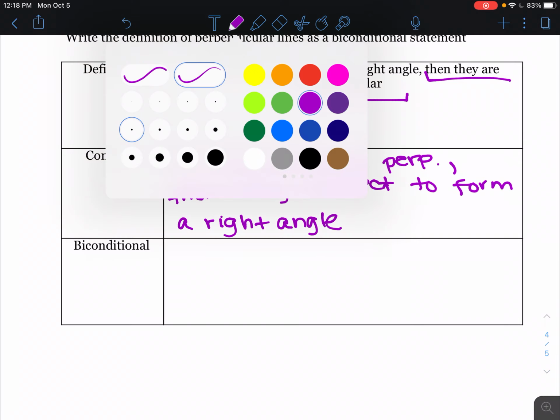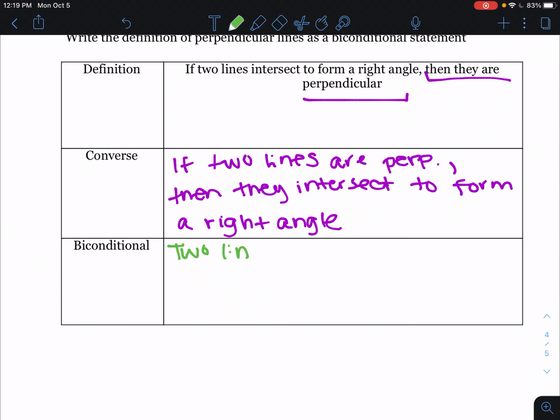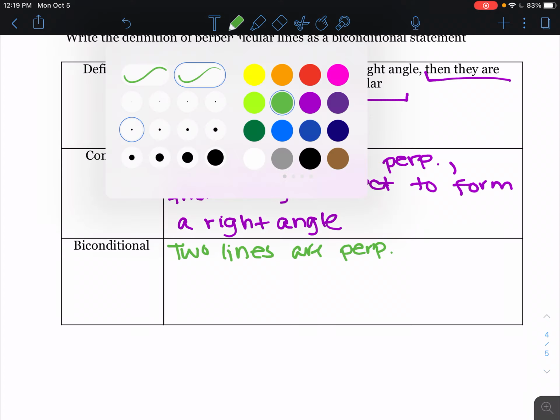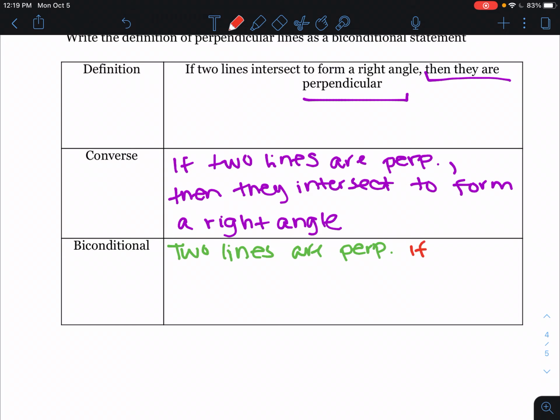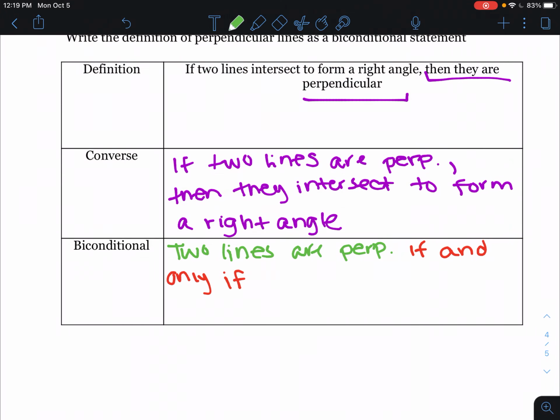Now what about a biconditional statement? We can write valid definitions as biconditional statements. So, two lines are perpendicular, I'm abbreviating. Here's the key: if and only if they intersect to form a right angle.